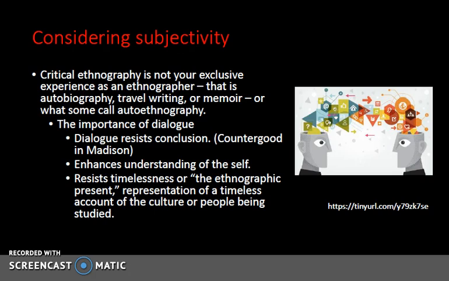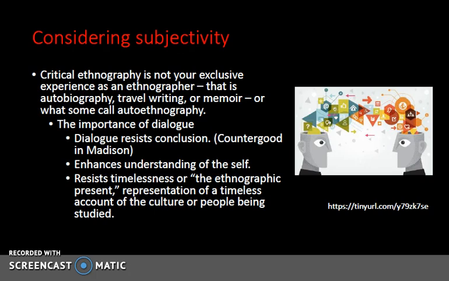And when it is carried too far, it's no longer critical ethnography. That is, something else is produced. It's autobiographical. It's potentially travel writing, memoir, or what some in anthropology might call autoethnography.